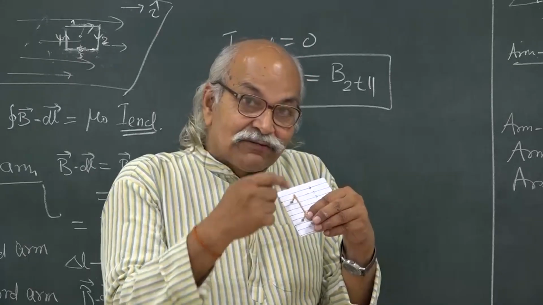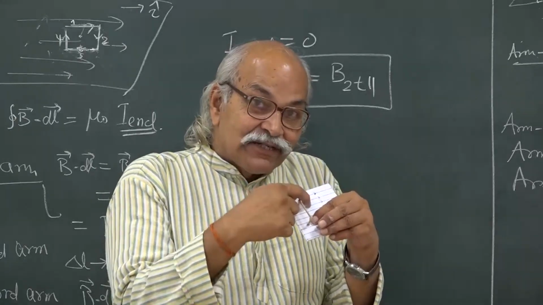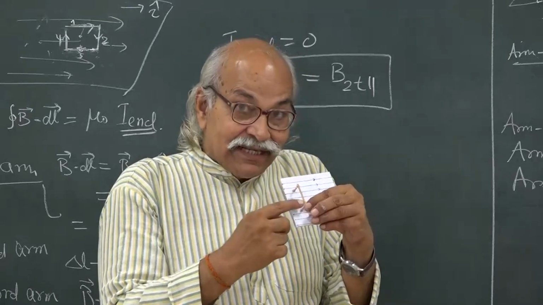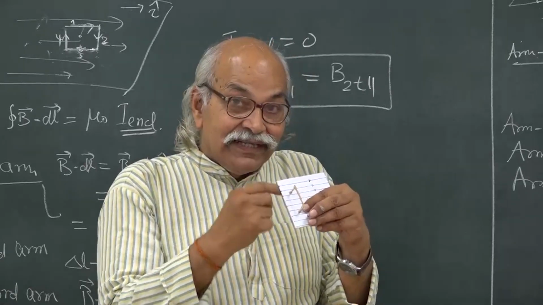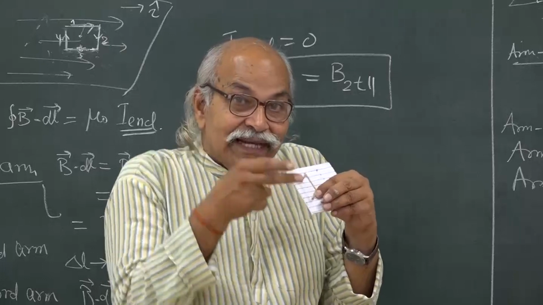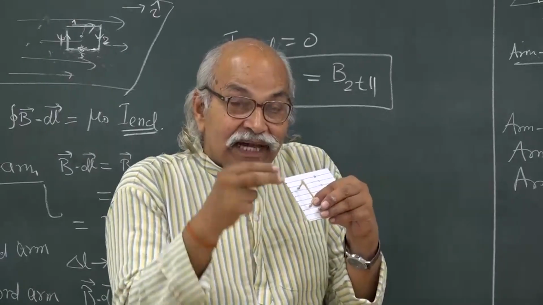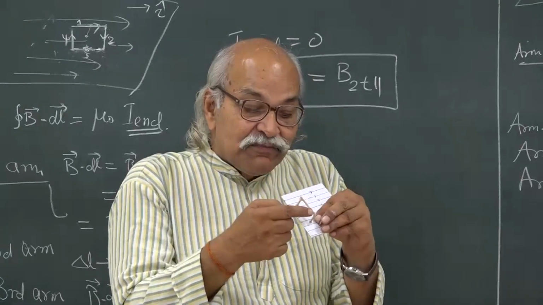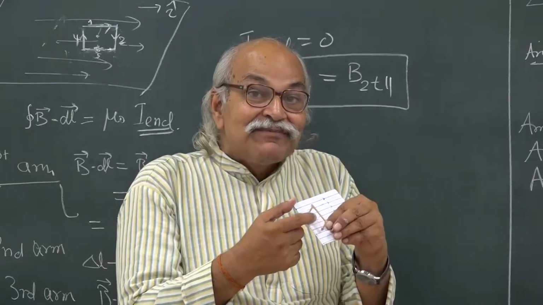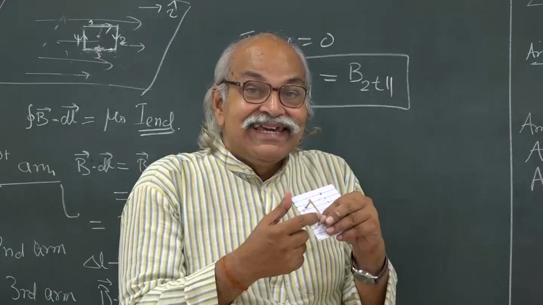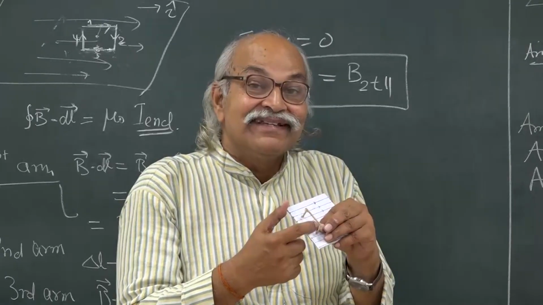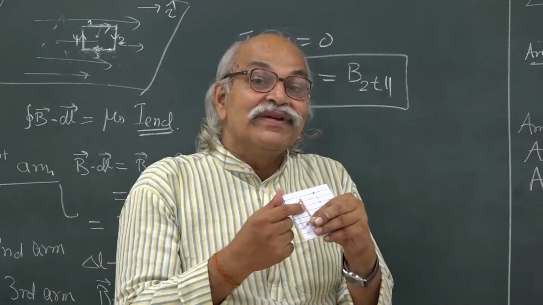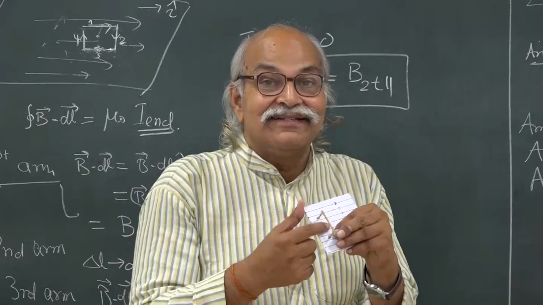So yes, there is a current going through this area bounded by this loop, from one side to the other side. And how much will that be? That will be K times delta L. K is the surface current density, and that is how we define current density.